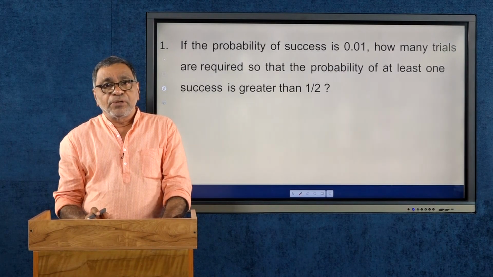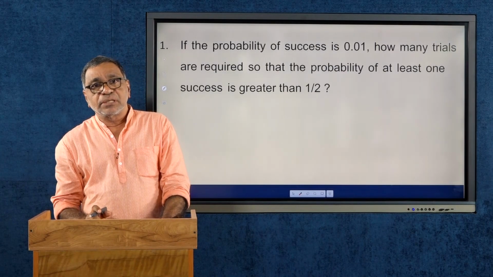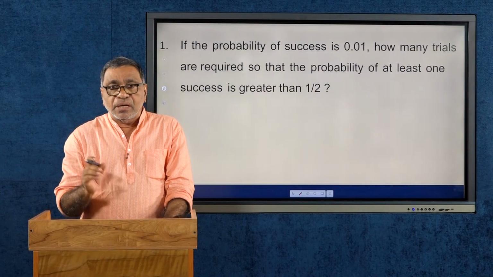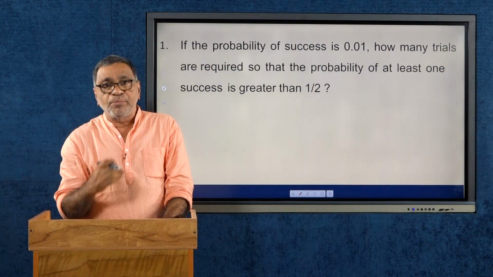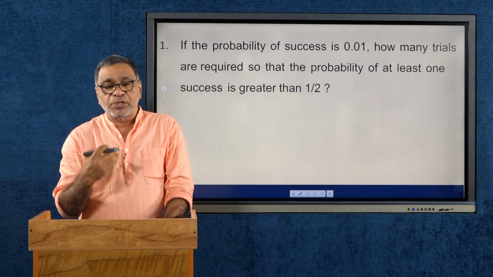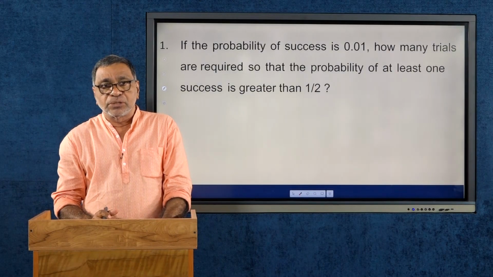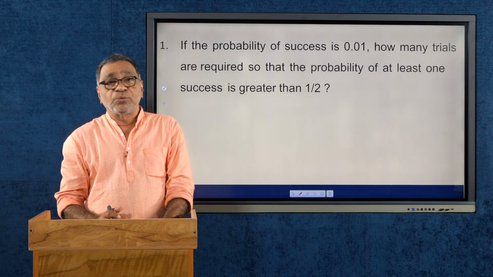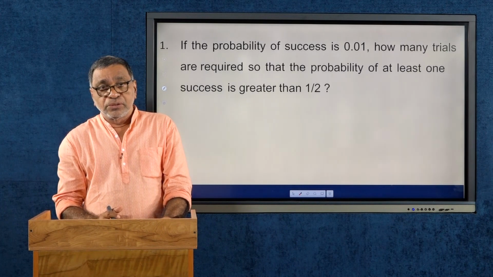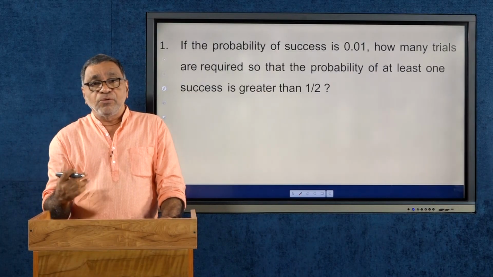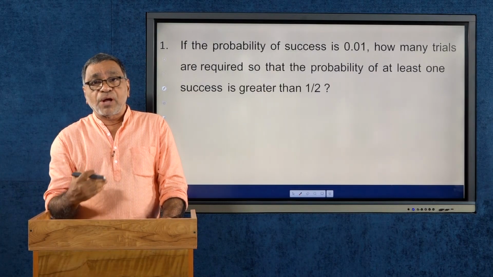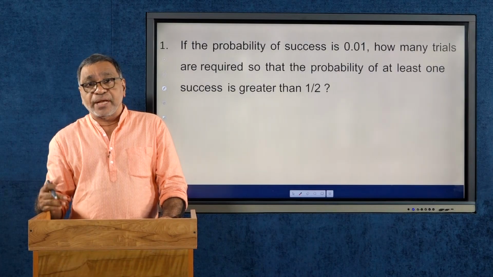The probability of at least one success being greater than 1 by 2 is satisfied whenever we perform the random experiment, that is Bernoulli trials, at least 225 times.